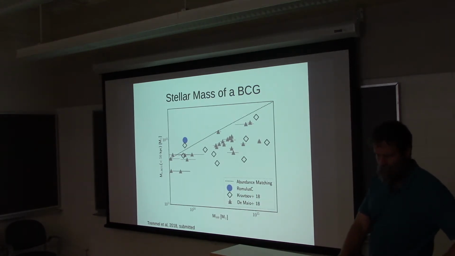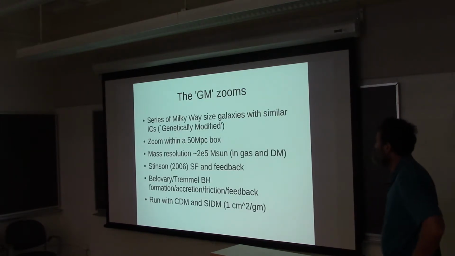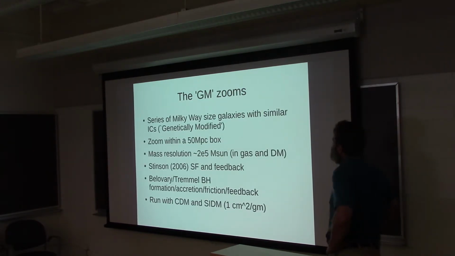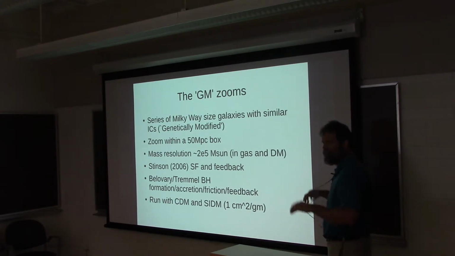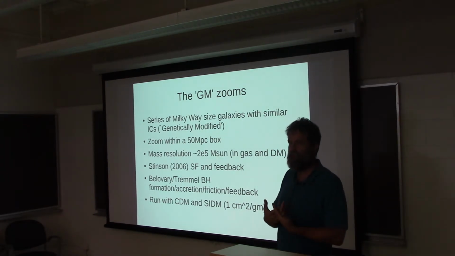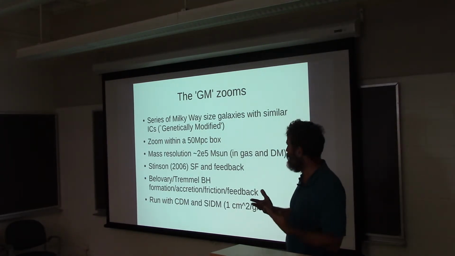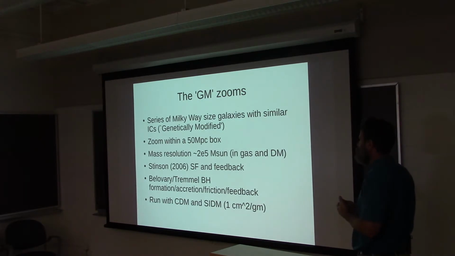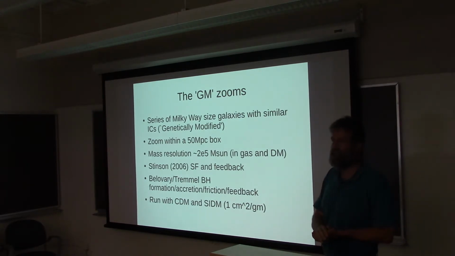And so we ran another series of simulations. We call it the genetically modified simulation. So we're looking at the effect of the physics and the dark matter on Milky Way-sized galaxies. And we wanted a series of galaxies that were close to the same with just slightly different merger histories.